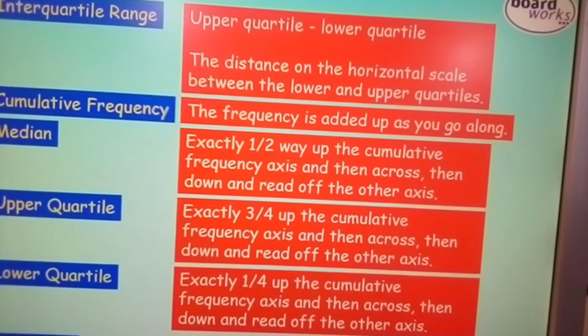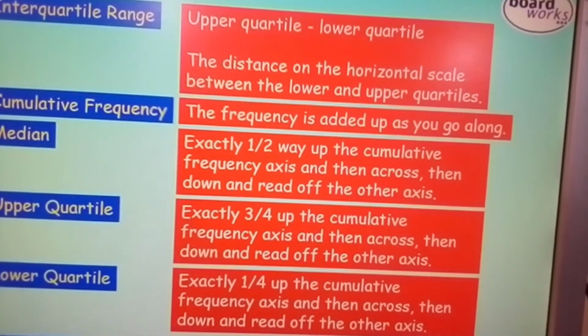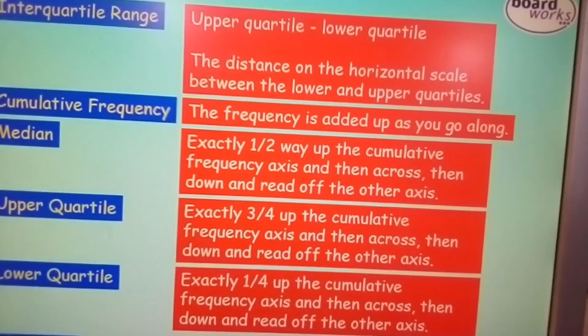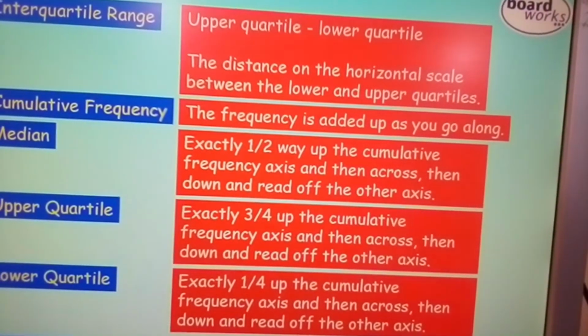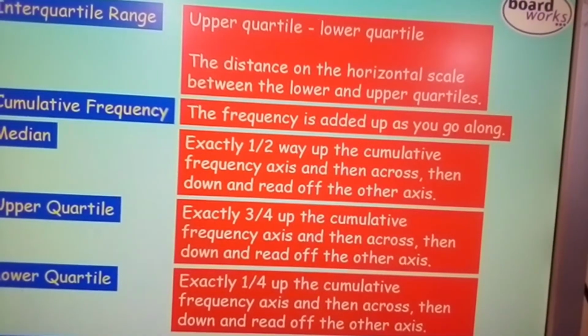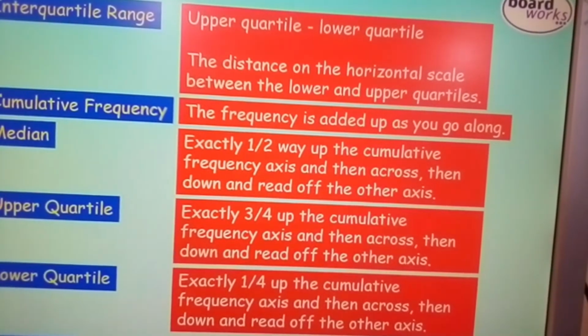Now upper quartile, lower quartile: the distance on the horizontal scale between the lower and upper quartiles. The frequency is added up as you go along. Exactly 1/2 way up the cumulative frequency axis, and then across and down and read off the other axis.